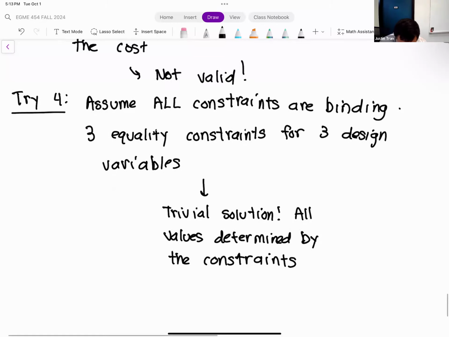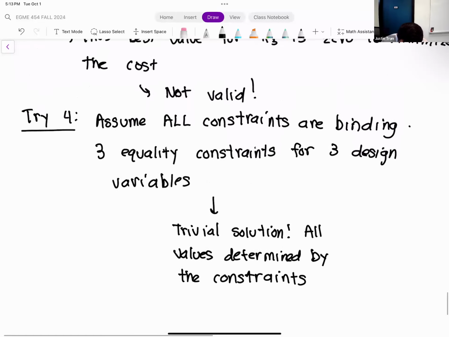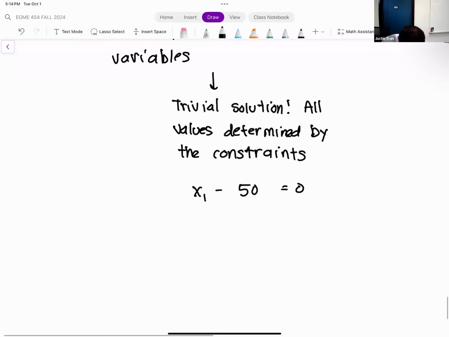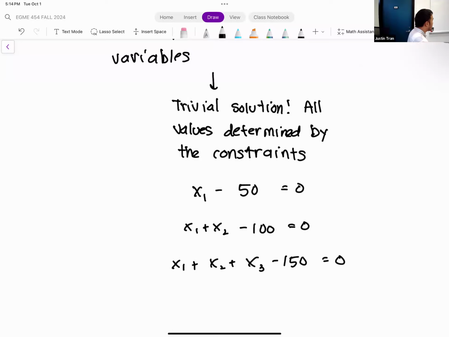Very quickly, if all three constraints are binding, we have x1 minus 50 equals 0, x1 plus x2 minus 100 has to be 0, and x1 plus x2 plus x3 minus 150 has to be 0. Three equations for our three unknowns. We don't have an optimization problem anymore. We have an algebraic problem, and we can solve it using algebra.